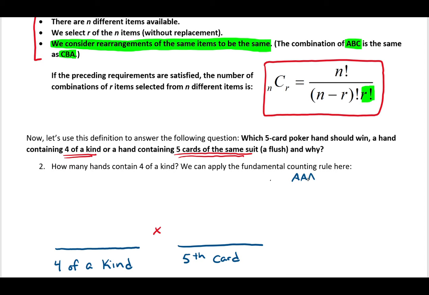Well, 4 of a kind, there's not that many of them. There could be 4 aces in a hand. Right? There could be 4 2s, 4 3s, 4 4s, 4 5s, 4 6s, 4 7s, 4 8s, 4 9s, 4 10s. 4 jacks, 4 queens, or 4 kings.